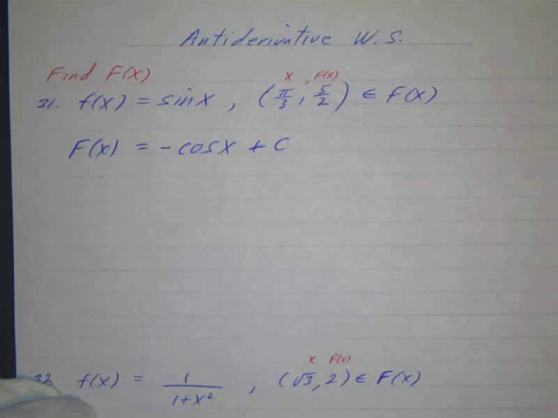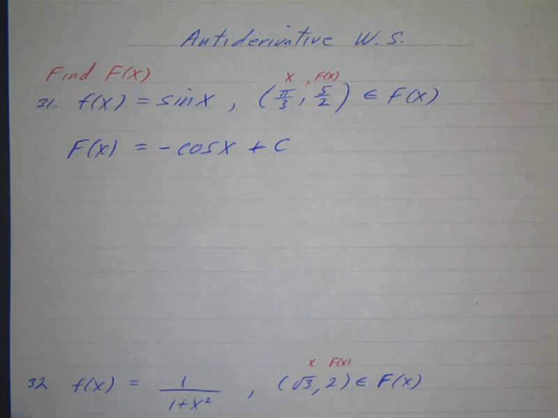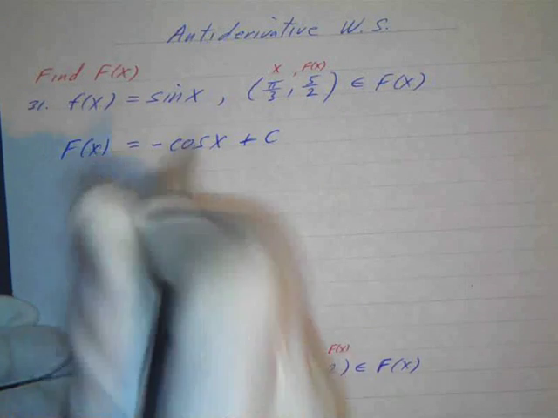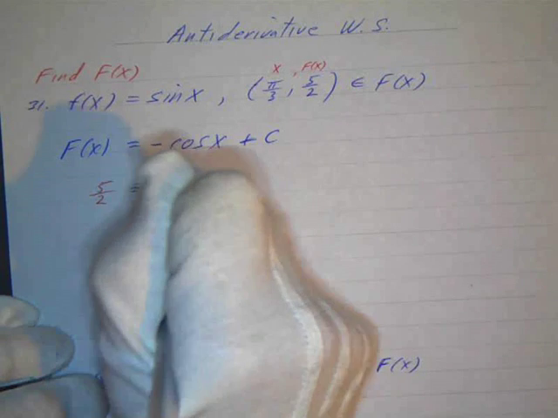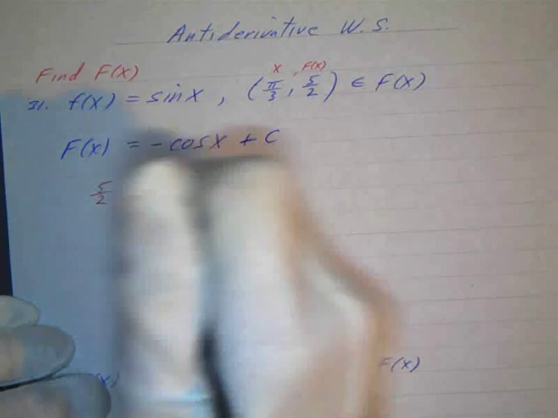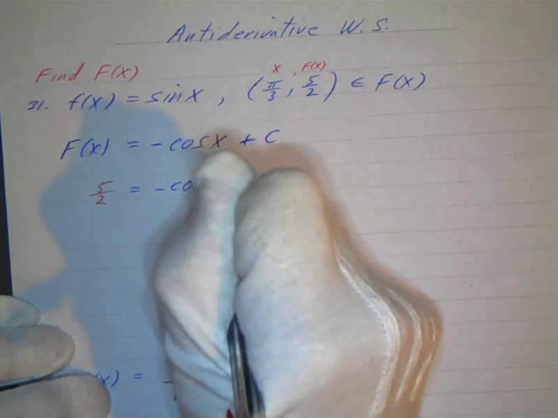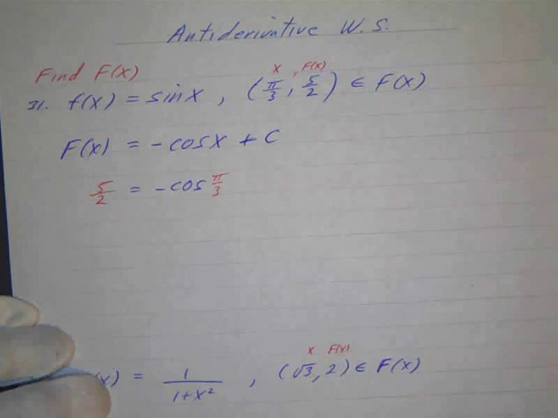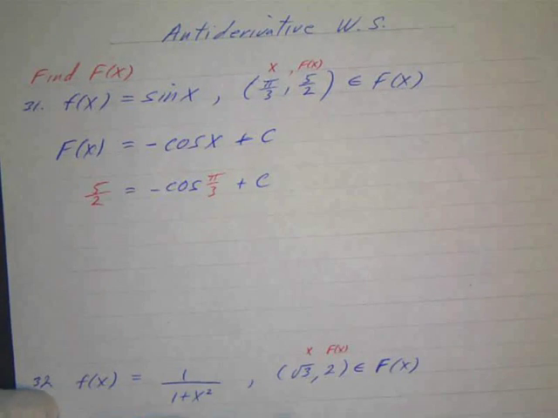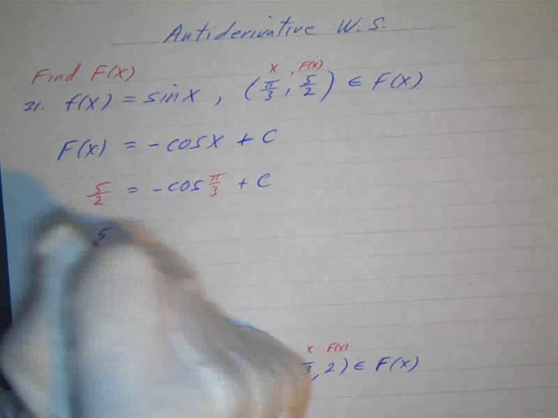And we'll put our values in. We know that 5 halves f of x is equal to negative the cosine of pi over 3, when x is pi over 3, plus c. This is 5/2.